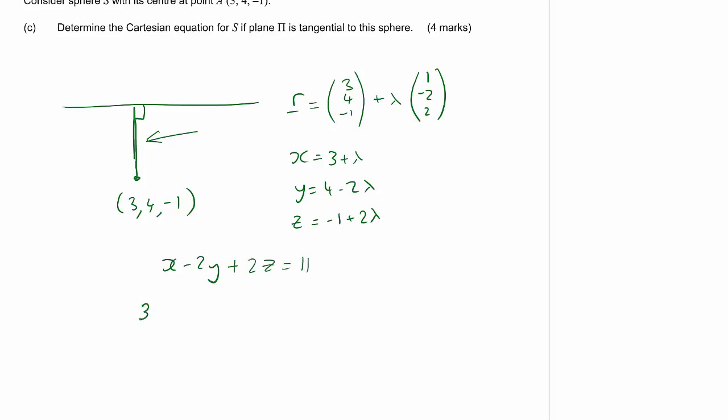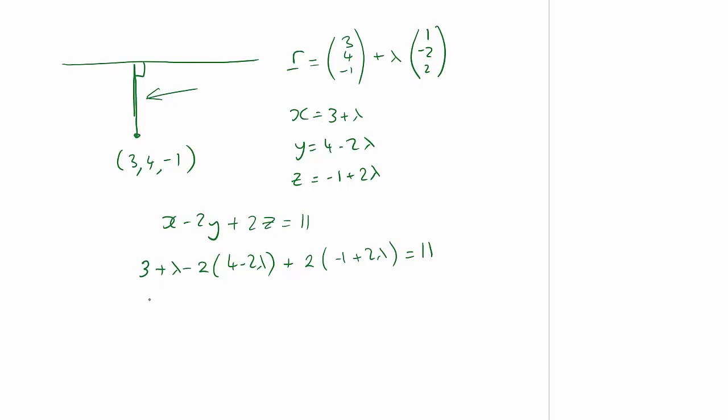So that's 3 plus lambda, take away twice 4 minus 2 lambda, plus twice negative 1 plus 2 lambda equals 11. So 3 plus lambda, take away 8, add 4 lambda, take away 2, add 4 lambda equals 11.